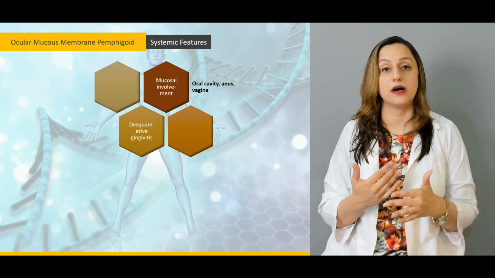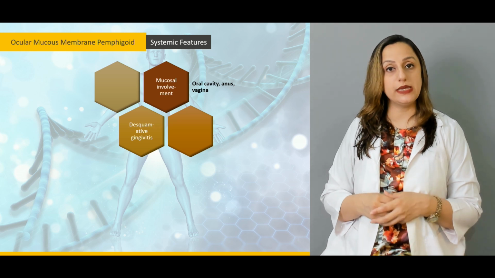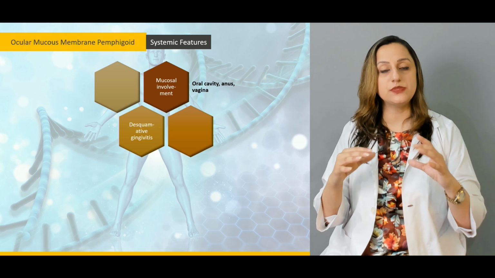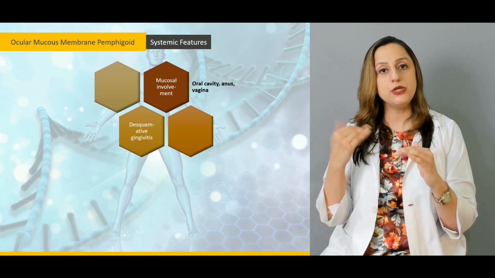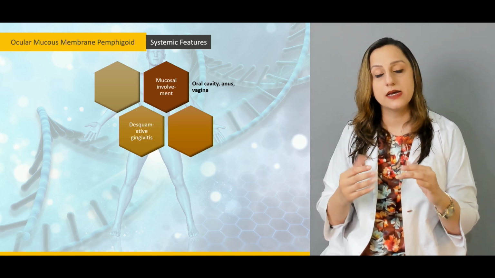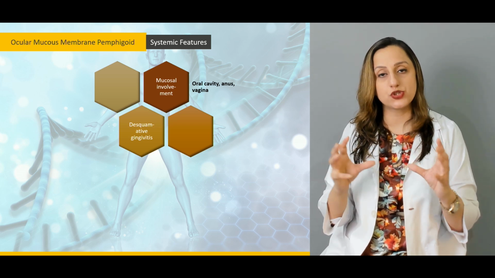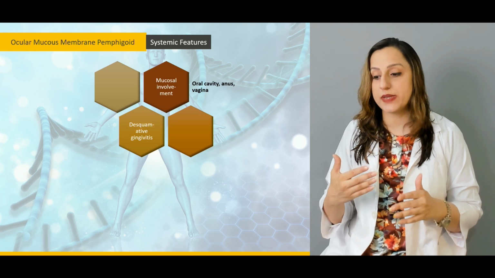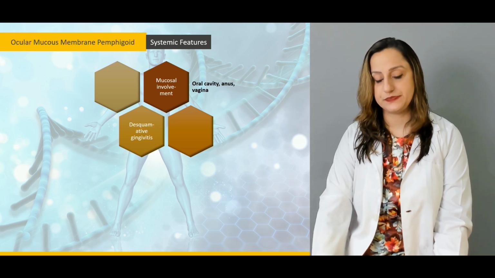Then the gingiva of the individual should also be examined. Gingiva is basically the borderline between the teeth and the mucous membrane lying below. So this gingival membrane should be examined in detail, and that would reveal the desquamative changes.